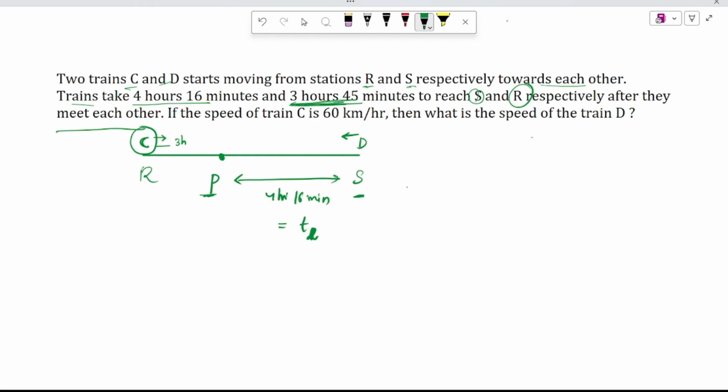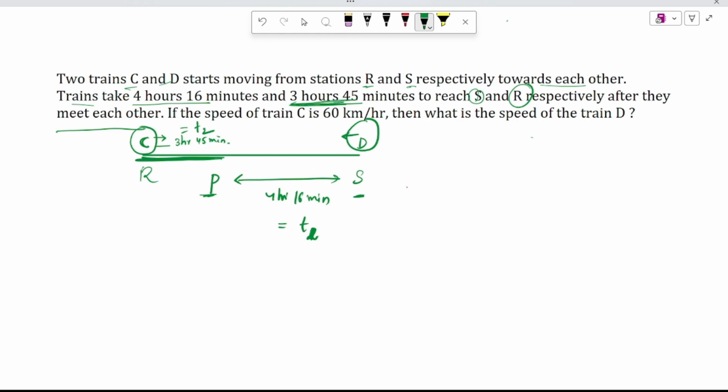Similarly, 3 hours 45 minutes is taken by train D from the crossing point to station R. This we represented as T2.